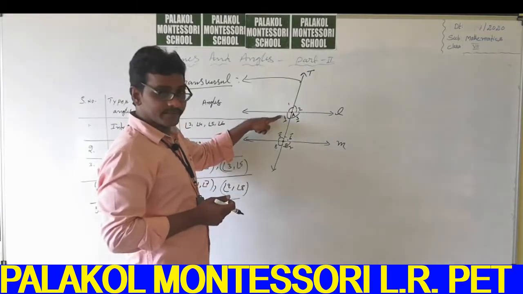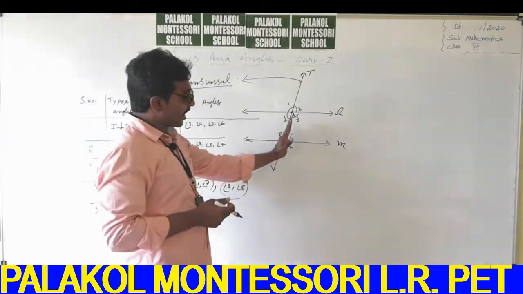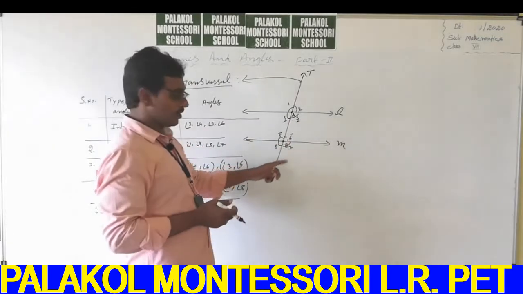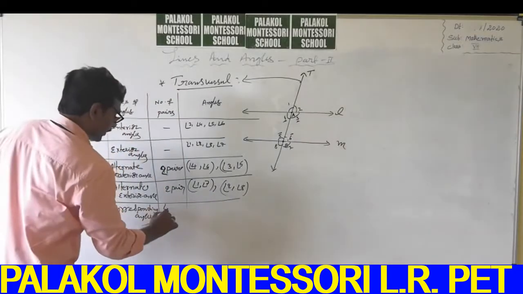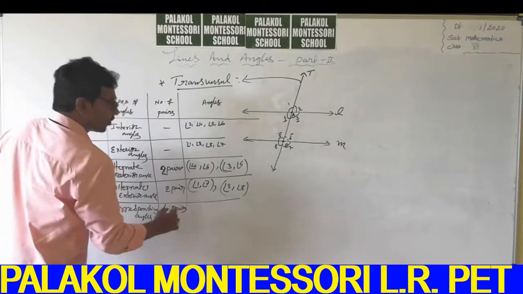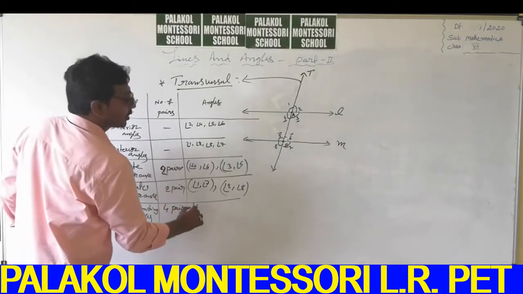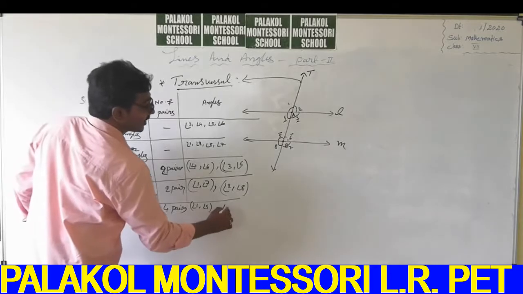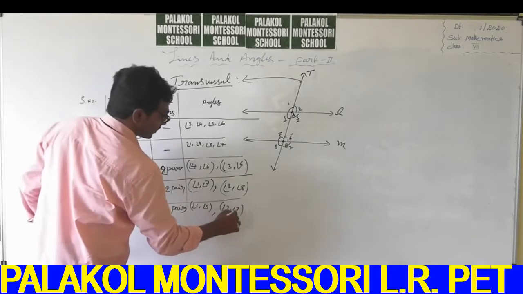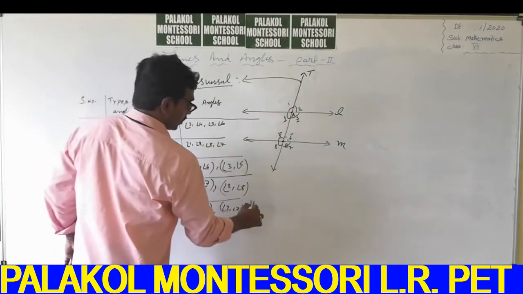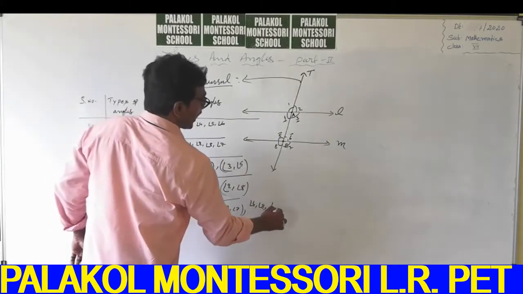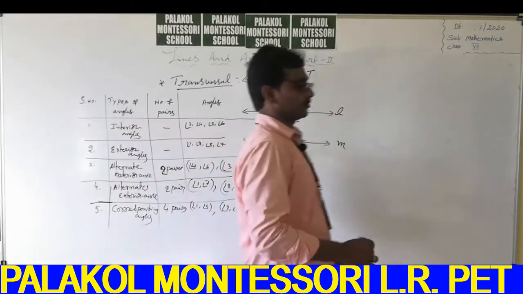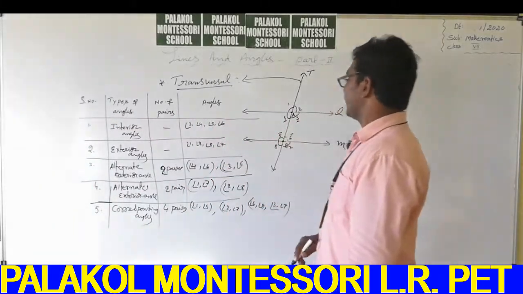This is inside, this is outside, and on the same side. How many pairs? Four pairs: angle 1 and angle 5, angle 2 and angle 6, angle 4 and angle 8, angle 3 and angle 7. Corresponding angles are equal.